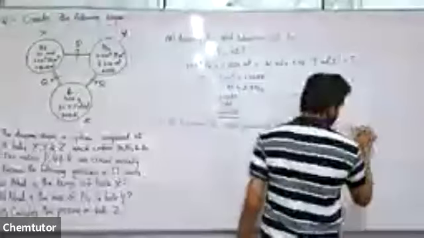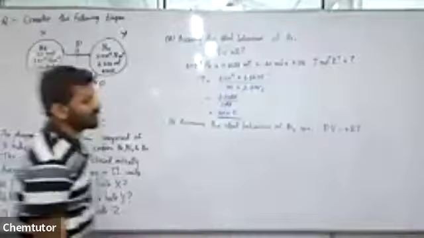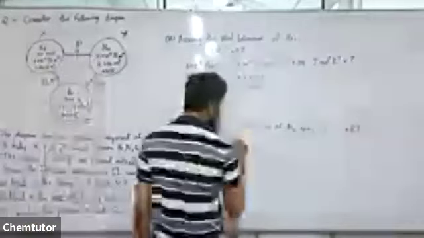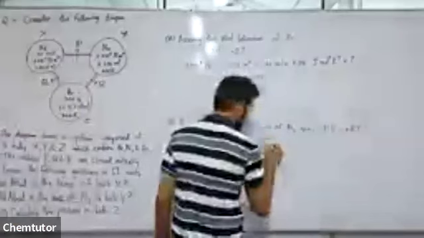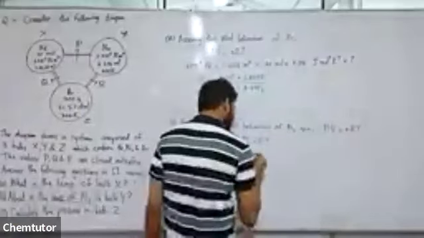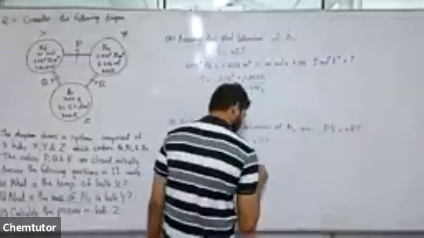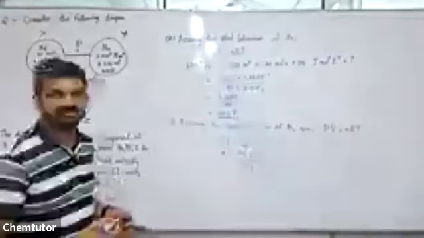Now you are supposed to find the mass of nitrogen. Then we can rearrange this equation: number of moles equals mass divided by molar mass, into RT. Then mass equals PVM divided by RT. Or else you can just apply the values and find the mass. Anyhow, I'll be using this method.